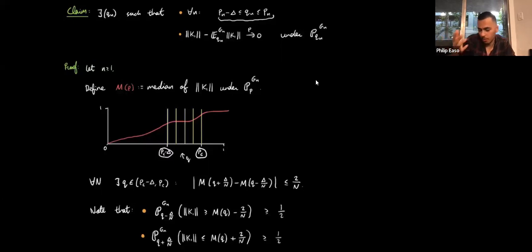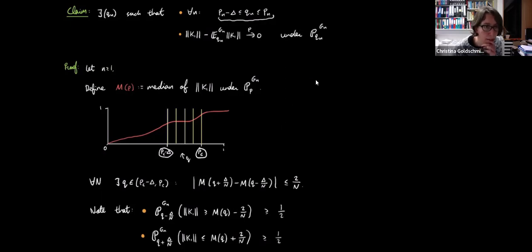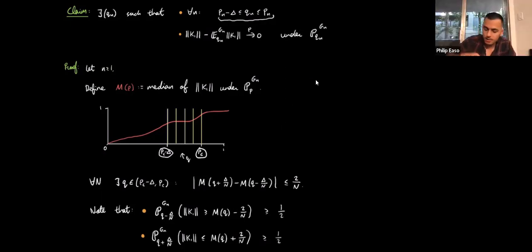All you do is divide your interval into n or 2n pieces, and pick the interval where things increase the least, and then pick your midpoint of that. It's just the pigeonhole principle. Can I just check that PC here is Pn? Yes, my bad. Totally. Thank you.